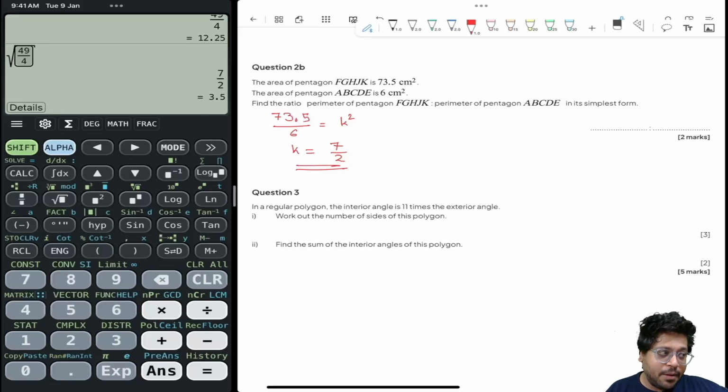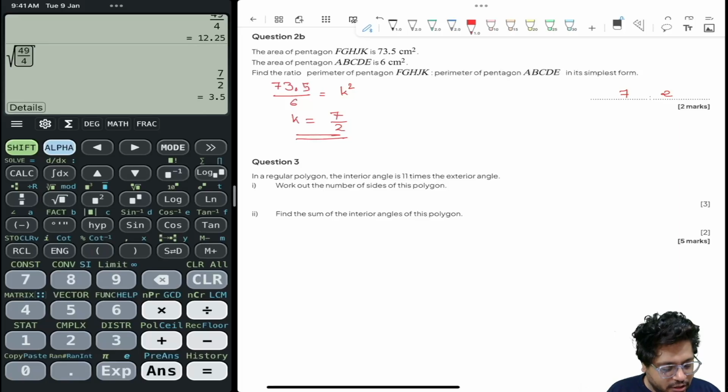You also learn about volume in similar figures, that the volume ratio is k cube. We'll learn about it in the ninth chapter, so right now don't panic, I'm just giving you a brief idea that area ratio is k square, and here we want to find k only.